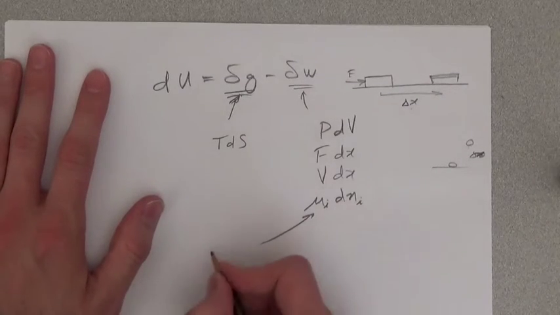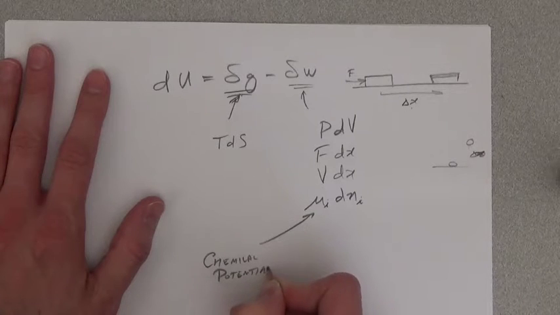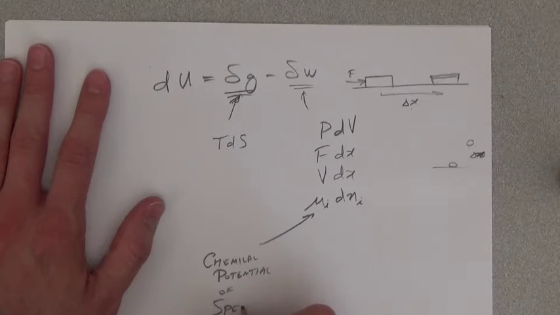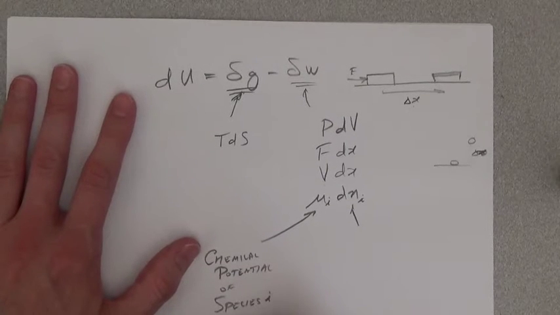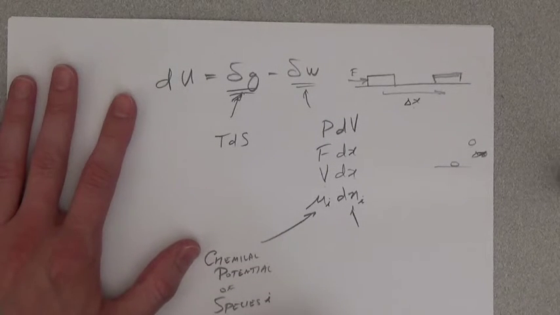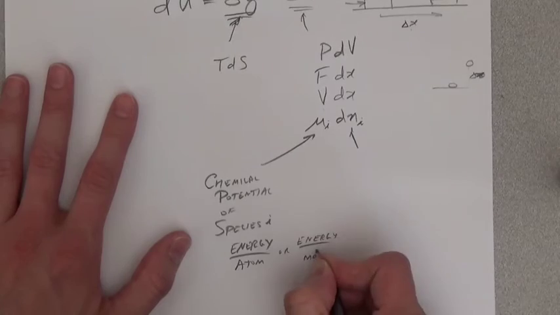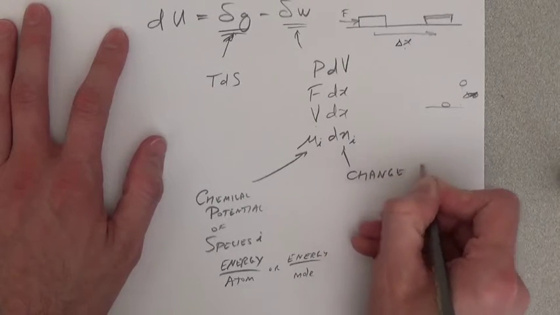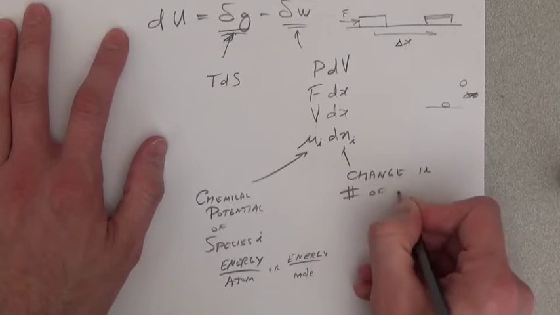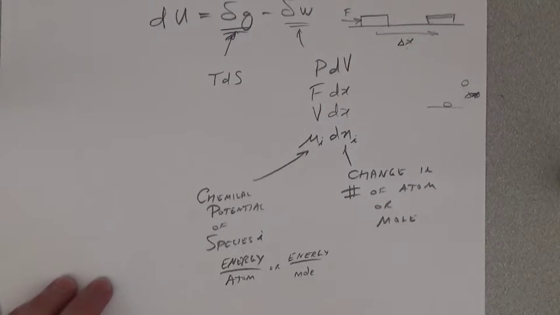That is the chemical potential of species i, and that has units of energy per atom, or energy per mole, and then this is the change in the number of atoms or moles, which will give you the energy.